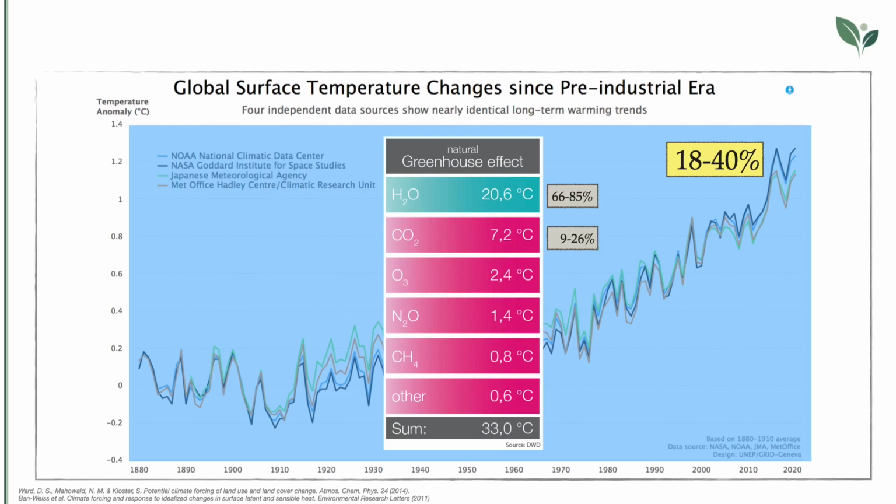Clearly, water is a major contributor to the natural greenhouse effect. This should give us food for thought when thinking about the impact land use changes, especially in the recent decades, has on the water cycle.